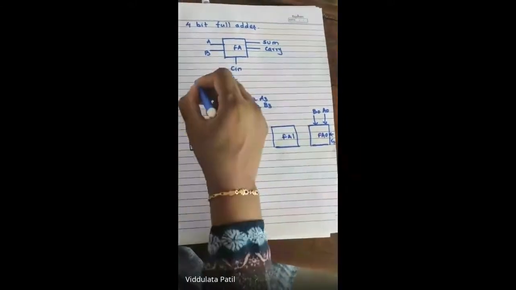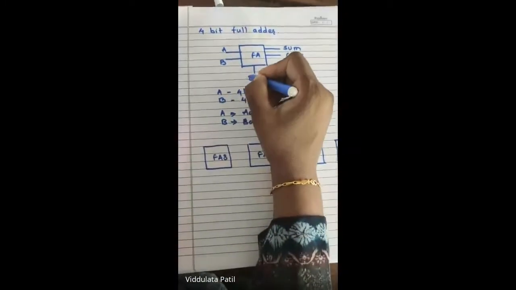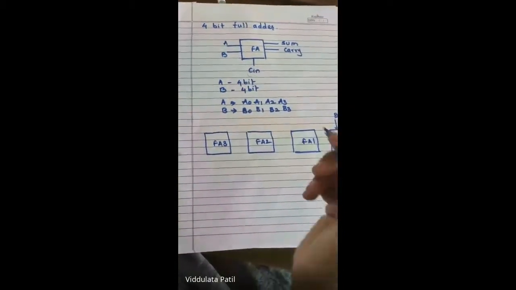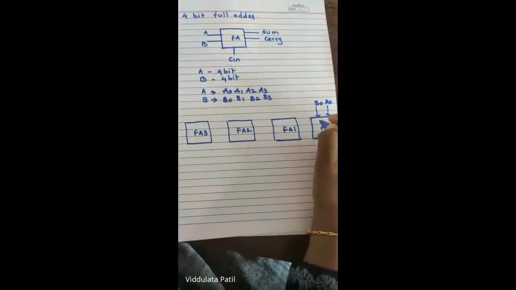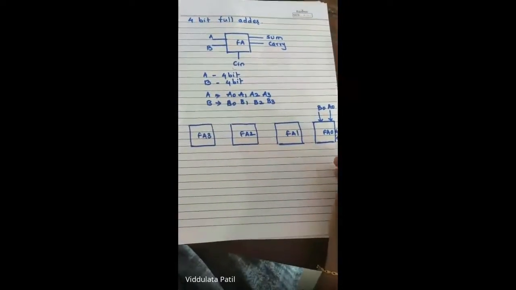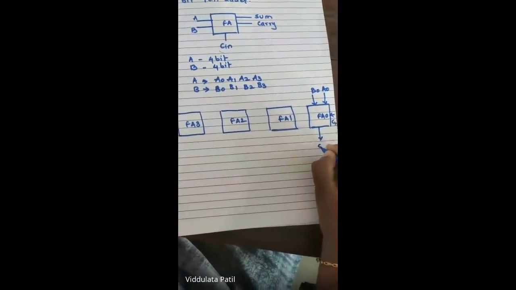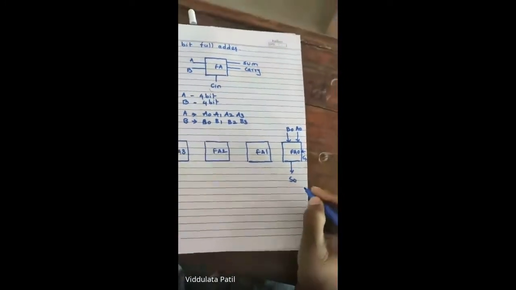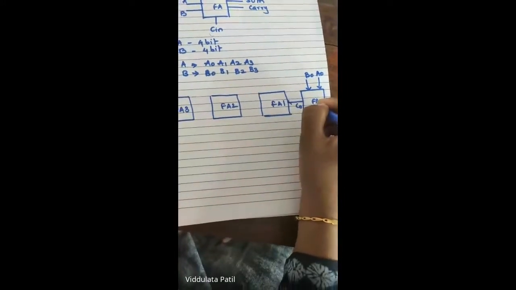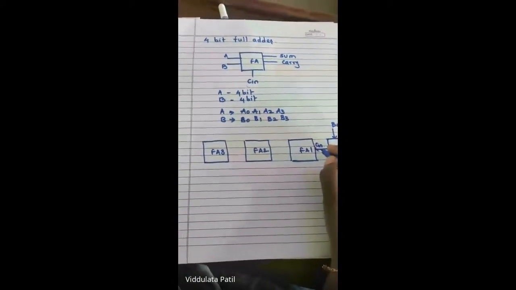Since this is a full adder, we need to consider the carry from the previous calculation. So in the first full adder, we add the A0 and B0 bits along with a carry. The output is the sum S0, and the carry out of this first full adder is given as carry in to the second, FA1.